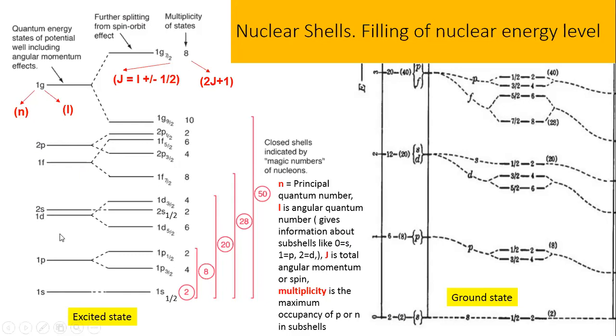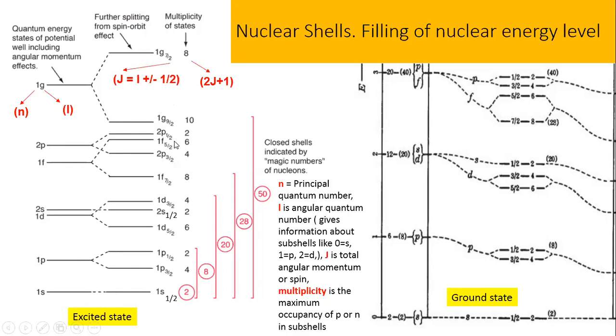Further, each level splits into two orbitals, and this is called the splitting from the spin-orbit effect. If you have a look, s is not going to split into two; only p, d, f, and g are split into two sub-orbitals, and these are the spin-orbit effects.